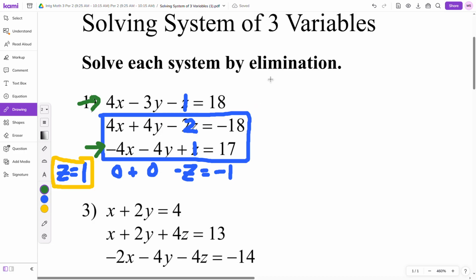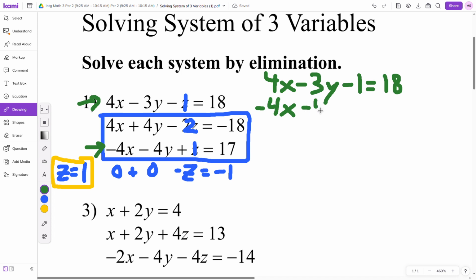So let's write this. 4x, I'm just going to copy it over here just so I can have it. It's a little easier to look at. A little easier to follow my steps. And so this equals 18. I'm just copying over that first equation and the last equation as well. Minus 4x minus 4y plus 1 equals 17.